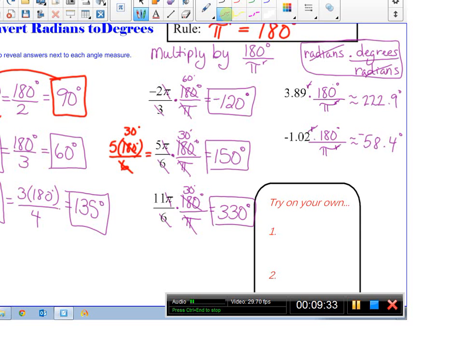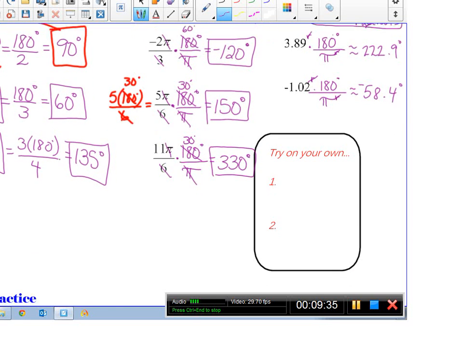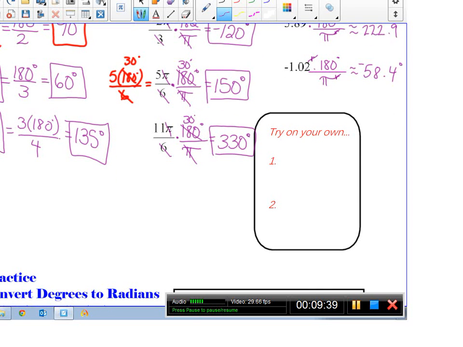All right, so 2 to try on your own, but I won't give you the answers for right now. Let's try 3 pi over 5. You convert that, and 5.2 radians. So convert both of these to degrees.